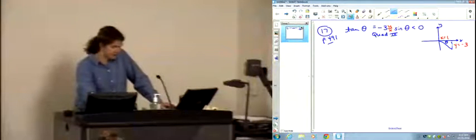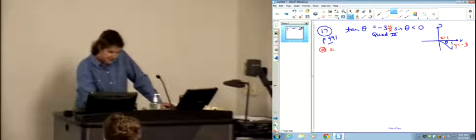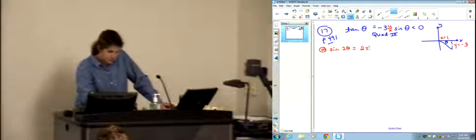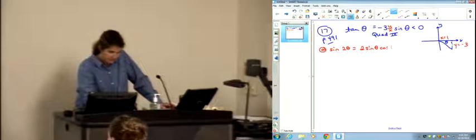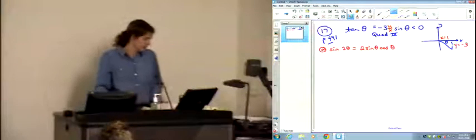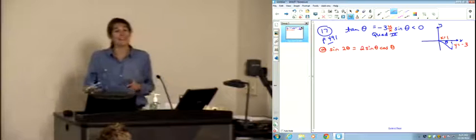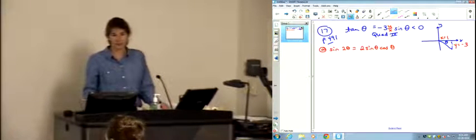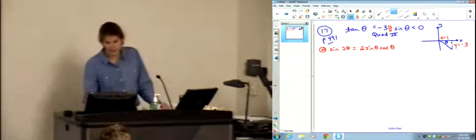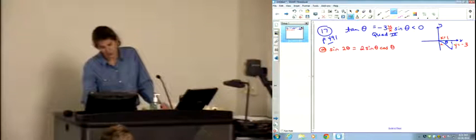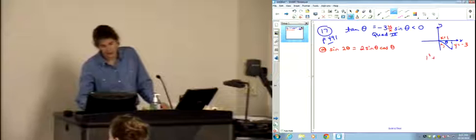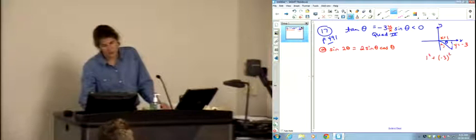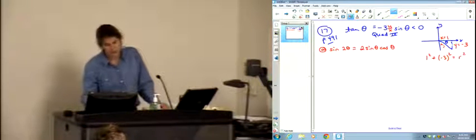We're trying to work with, first thing here, the sine of 2 theta, which is equal to 2 sine theta cosine theta. So we're going to need to find out what the sine and the cosine of the angle theta are equal to. So we need to know that r value. So x squared plus y squared equals r squared.